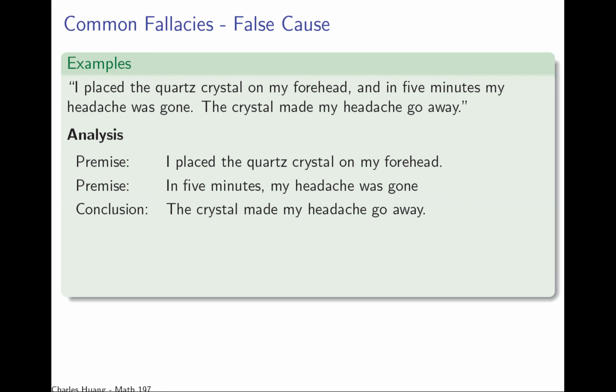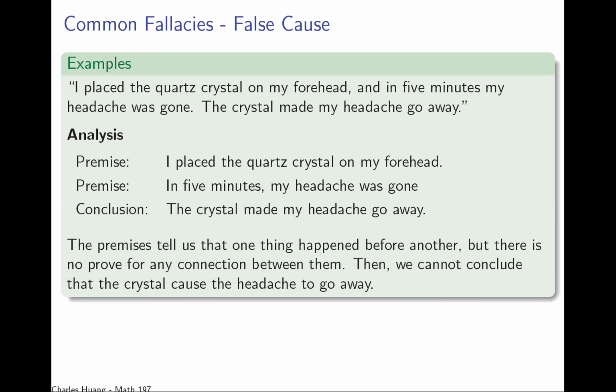There are two events, one happening before the other, one happening after another. And in false cause, we are trying to make the connection that the first event caused the second event. Now, it's important that the first event doesn't actually cause the second event. They might just happen one after another.